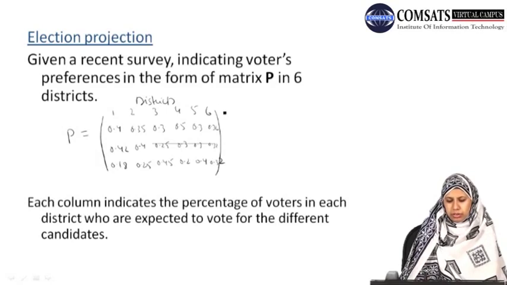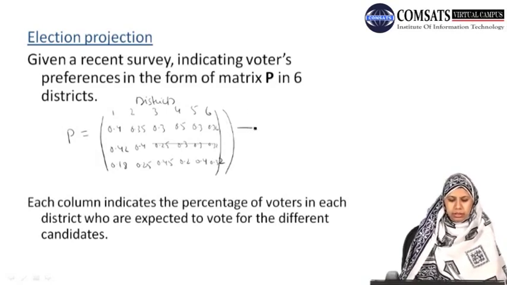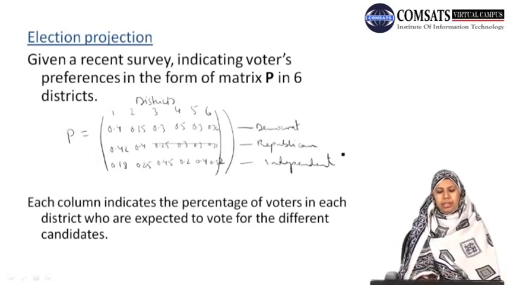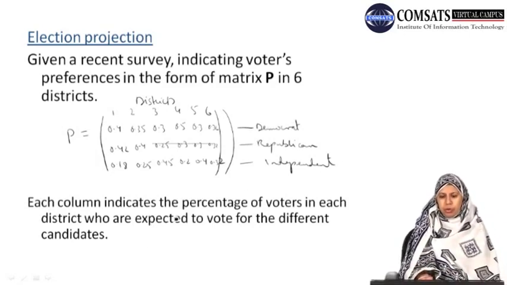Okay. And the first row represents the Democrat, Republican and the Independent. Okay. We are given some data in matrix form where the columns basically represent the districts.